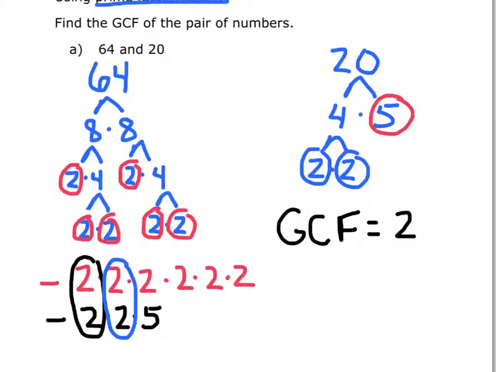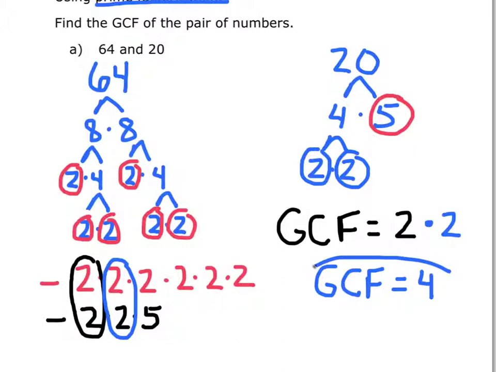For that one match, I write another 2 up here and I multiply it by the other one. Notice, I do not have any more matches, so the greatest common factor of these two is just going to be 2 times 2, which is 4. So using prime factorization, you find the matches, and for every match, you write that number down and then multiply the numbers you have left.